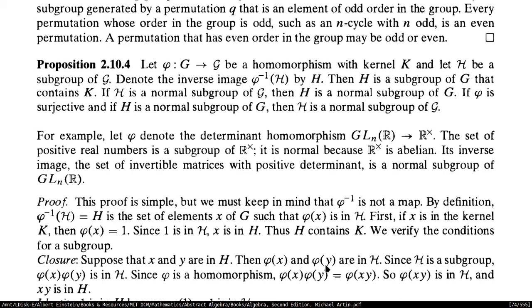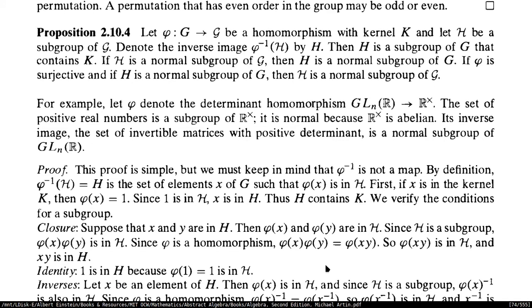So we have to prove this proposition. The proof is that the preimage is not a map, it is just a set in the domain G. By definition, the preimage of curly H is the set of elements x of G such that phi of x is in curly H. First, if x is in the kernel, then the image is just the identity.